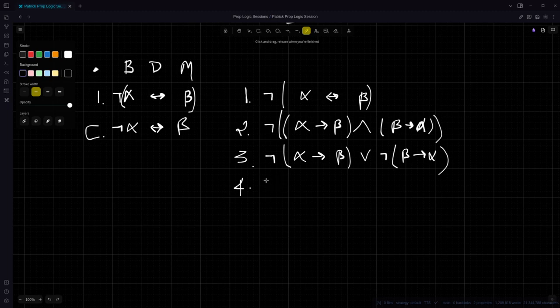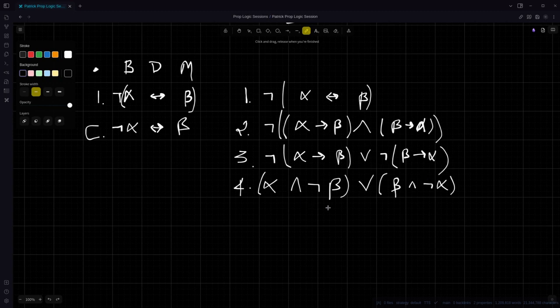So the antecedent is true and the consequent is false. The same thing over here, right? It's just to get the truth condition. Yeah, just got the truth conditions.